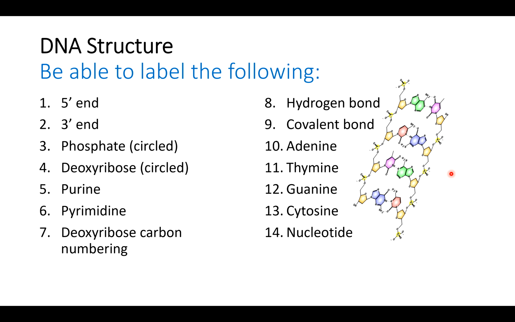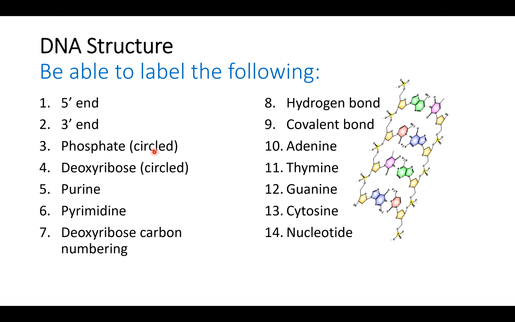There is a 100% chance the question will come here in SL and in HL. It's compulsory, a very important question. So you should be able to identify the 5 prime and 3 prime ends in a polynucleotide chain, the phosphate, which is generally circled, and the deoxyribose sugar, which is also the pentose sugar.